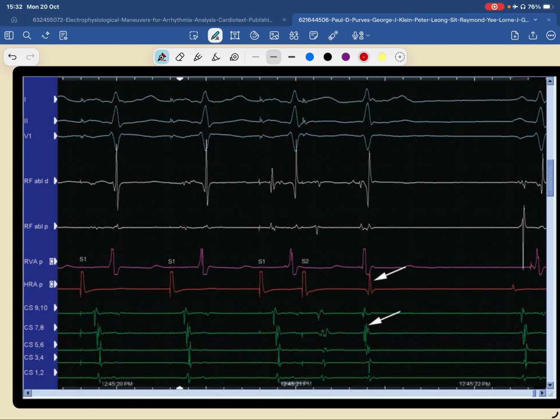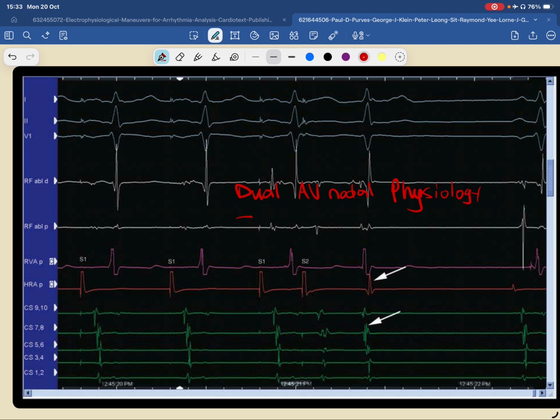Remember what is required for AV-NRT to occur, right? The basic requirement is what is called dual AV nodal physiology. And how do we see that?